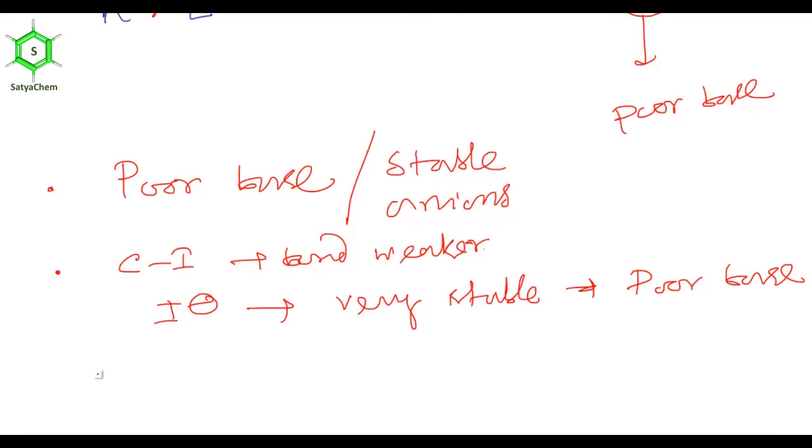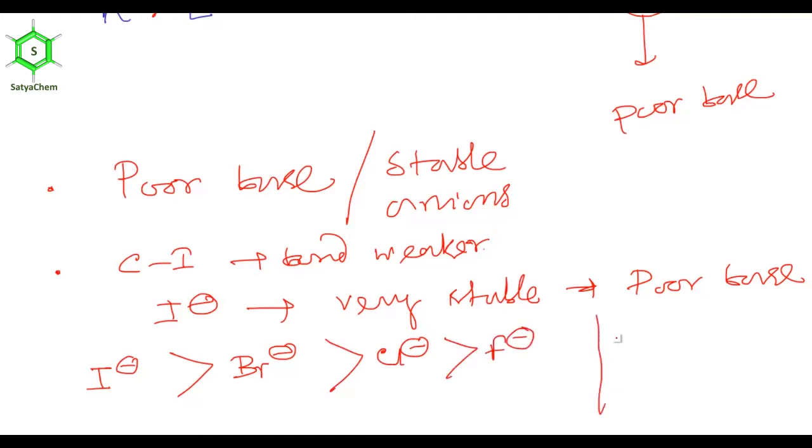So that is why I minus is a better leaving group than Br minus, than Cl minus, than F minus. On moving from top to bottom in group 17, the halogen elements fluorine, chlorine, bromine, iodine, size increases. So iodine is the largest one. That is why I minus is the most stable among all halides.